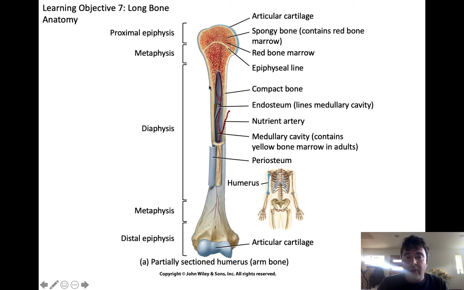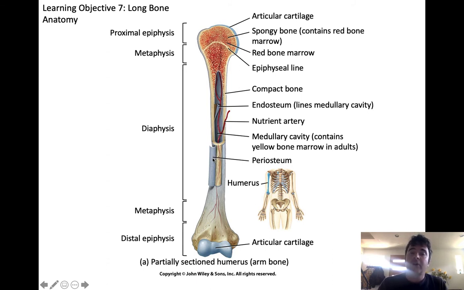Now, when we look at the diaphysis, I want to highlight that surrounding the diaphysis, you have a structure similar to the structure that surrounds cartilage called the periosteum. The periosteum is a layer of dense irregular connective tissue that has a type of cell in it called an osteogenic cell. Osteogenic cells, when they're triggered, turn into osteoblasts, and osteoblasts ultimately make new bone.